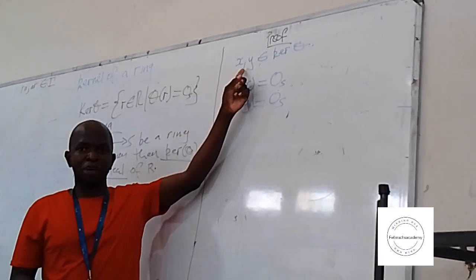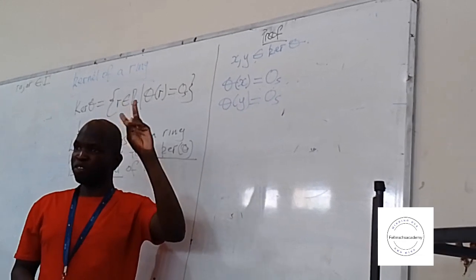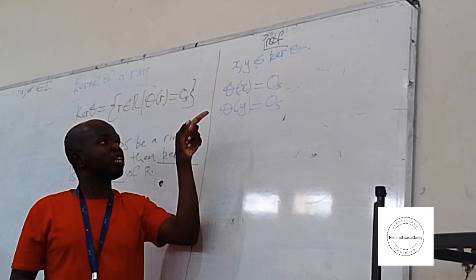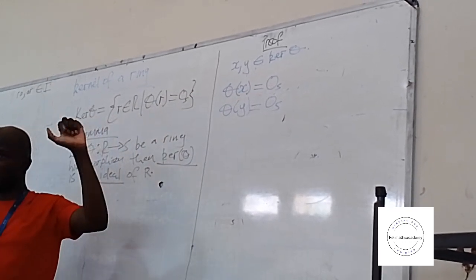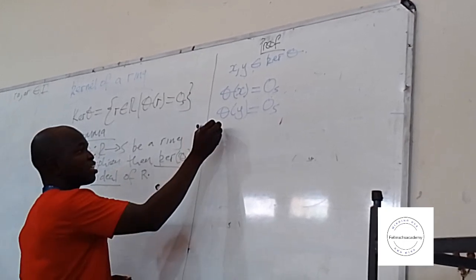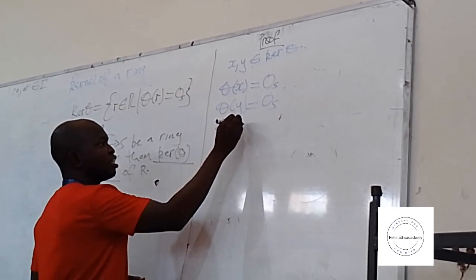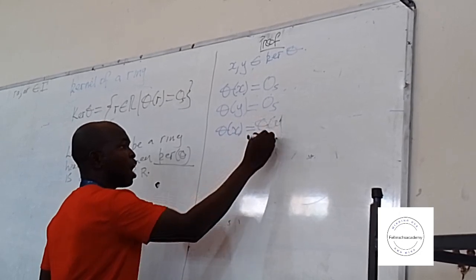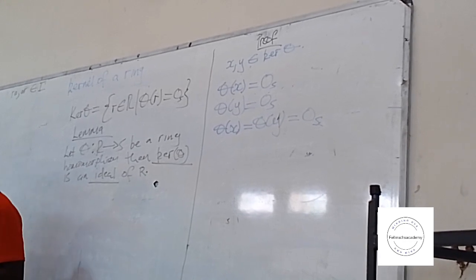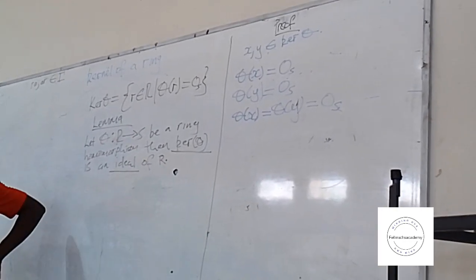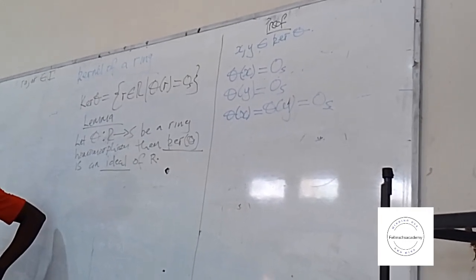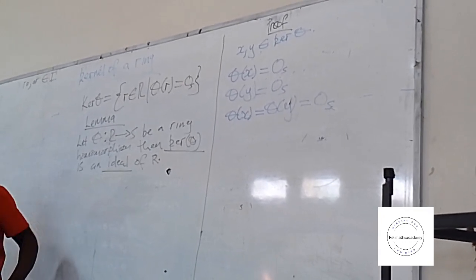Because we are told by the initial condition that both of them are members of the kernel of theta, so both of them should map to 0_S. So what do we conclude from there? We conclude that theta x is equal to theta y is equal to 0_S. Right? Are we together?